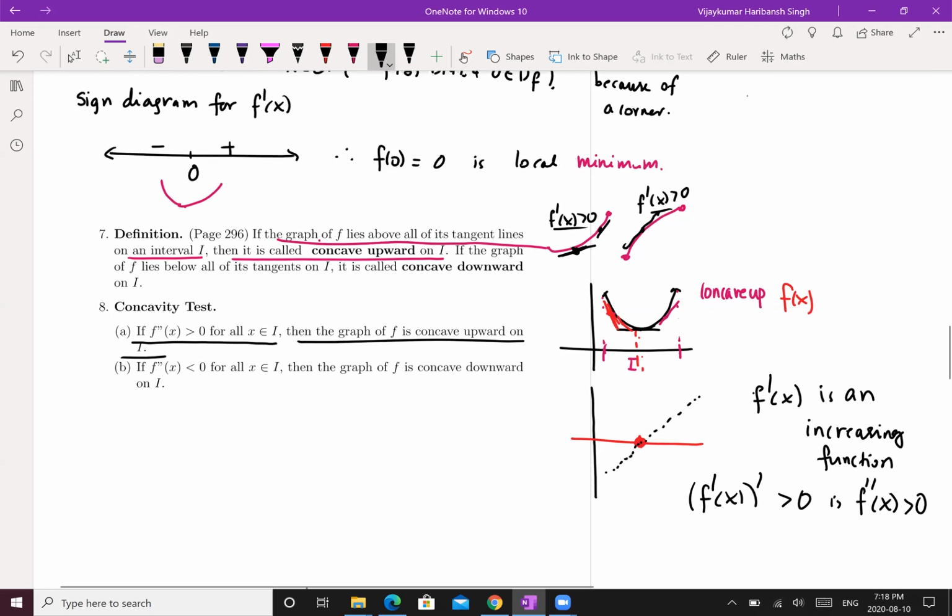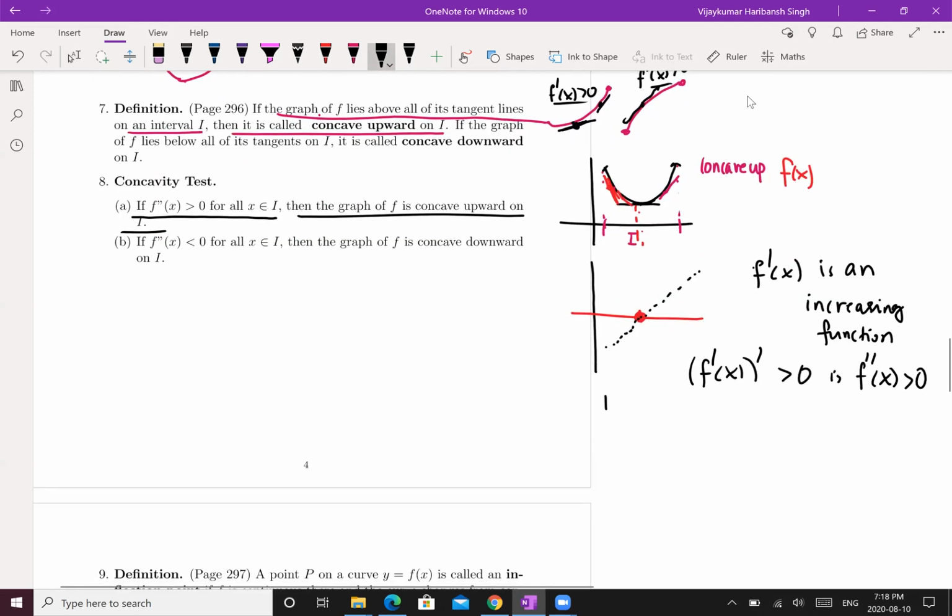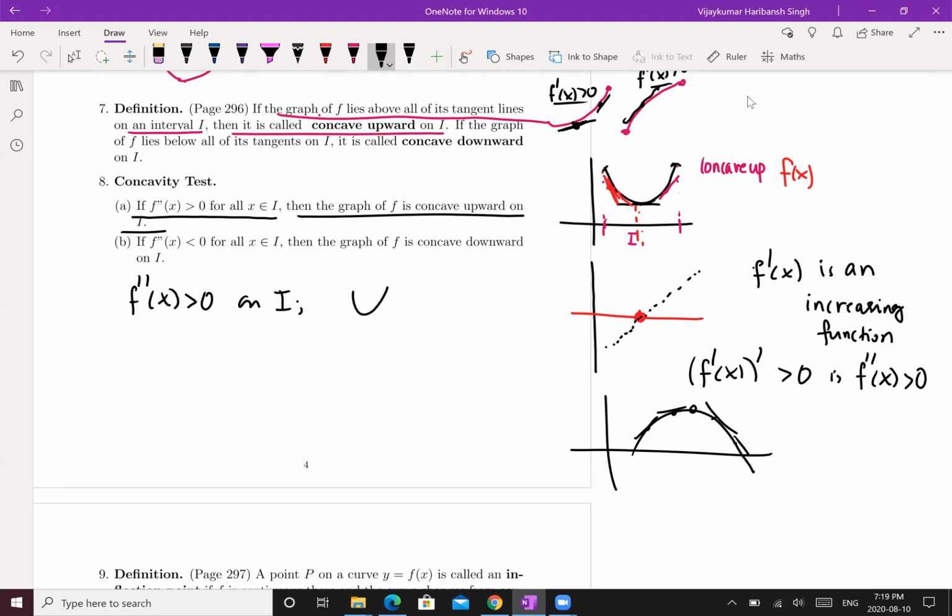Similarly, in the other case the function is concave downward, and you can check that the second derivative is less than 0. So rule of thumb: f double prime x greater than 0 on I, f is concave upward, smiley face. f double prime x less than 0 on I, f is concave downward, frowny face.